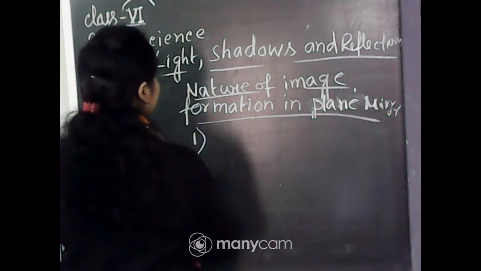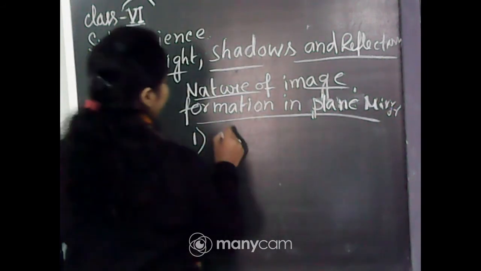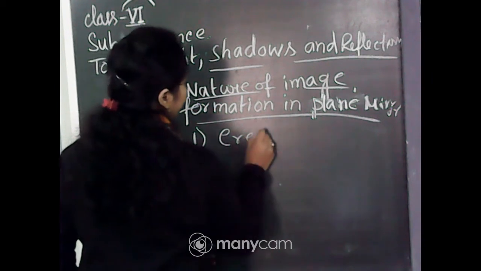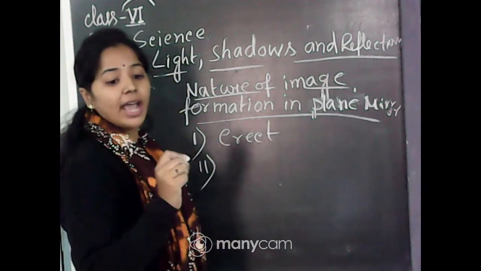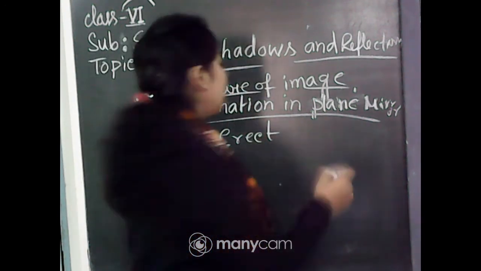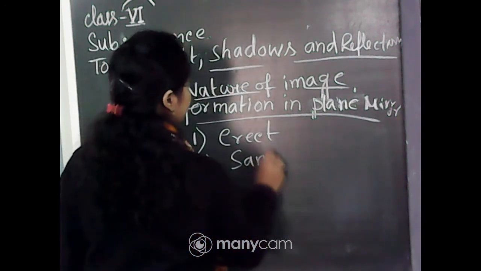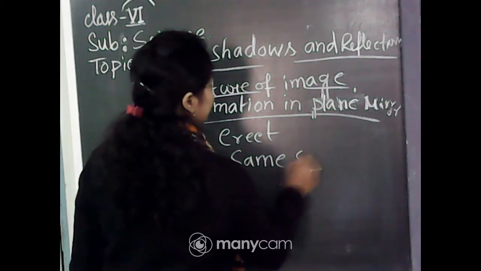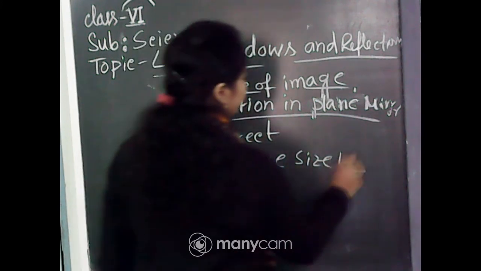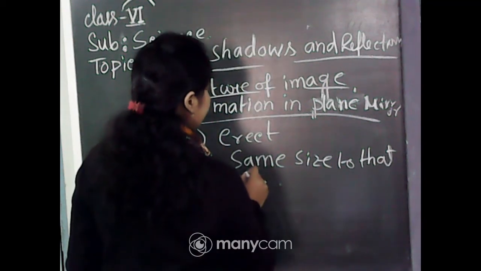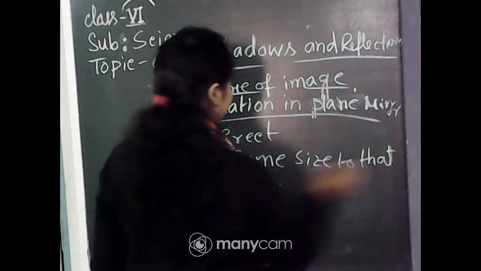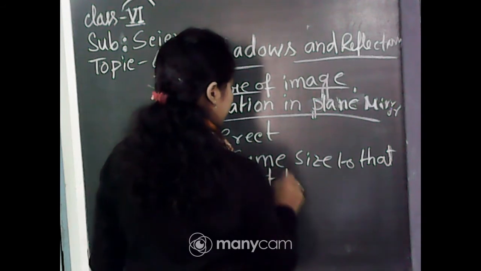First characteristic will be, it is always erect. Okay. Then it will be the same size as the object. So the image will be the same size as that of the object.